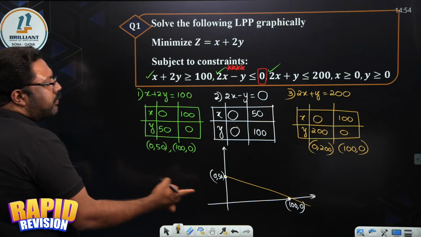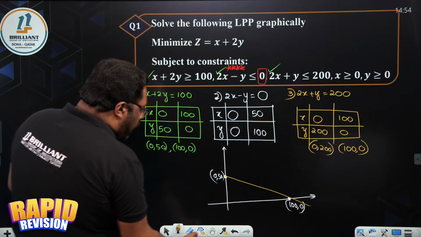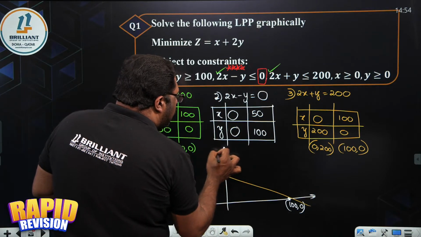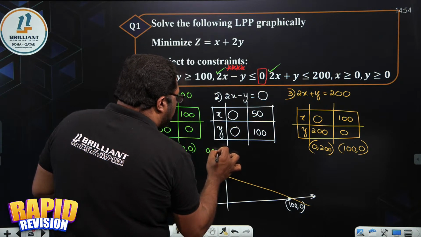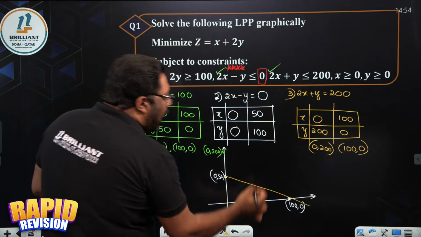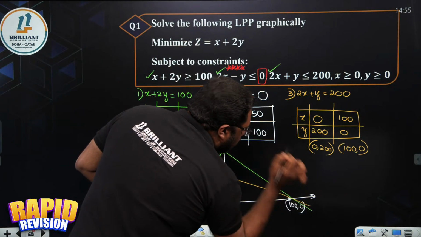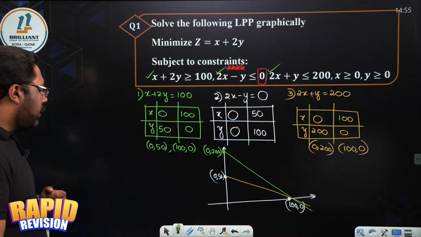Second, 0, 200, somewhere over here, and 100, 0, the same point. Second line also completed.